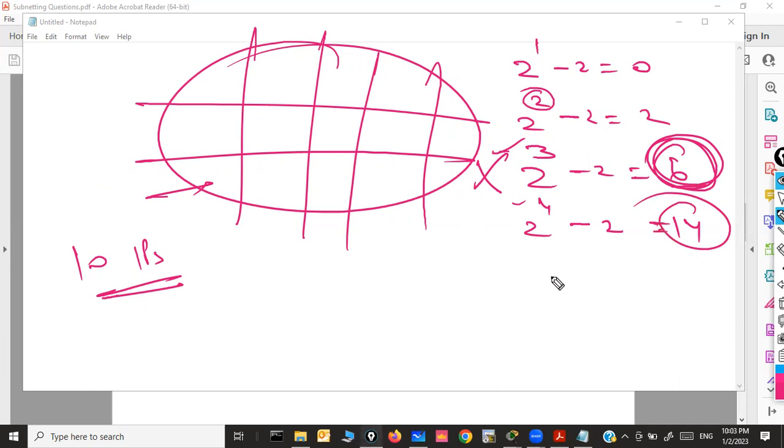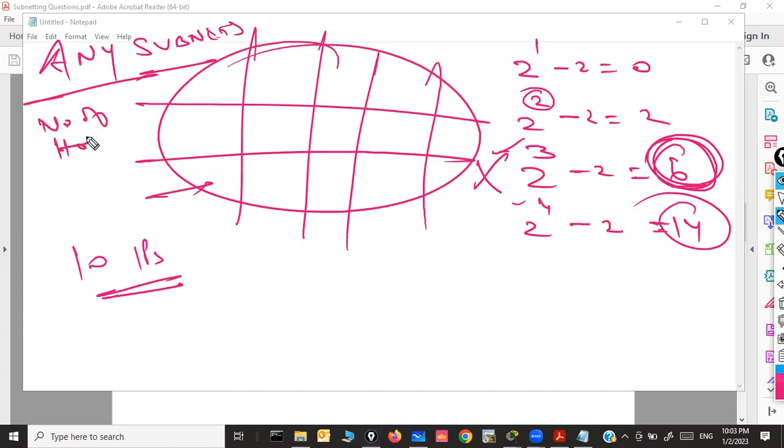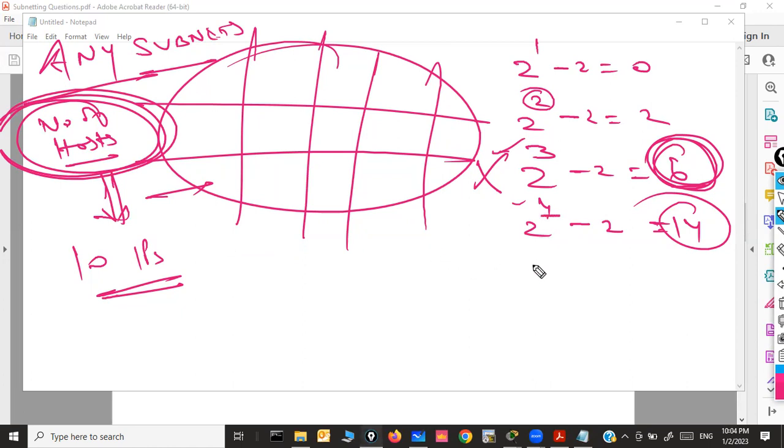So if this is the question, divide a network into any number of subnets, I don't care about the number of subnets. What I care about is the number of hosts, number of IPs per subnet. So my requirement is 10 IPs. So what I will do, I will leave 4 bits for host.